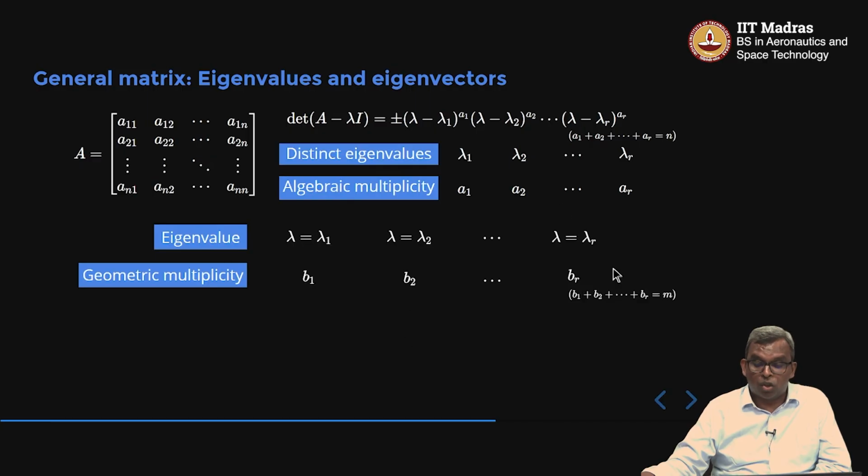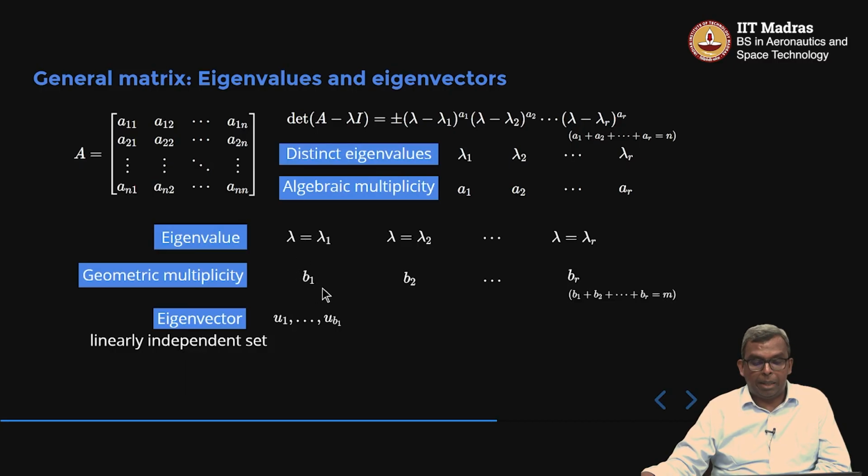So these geometric multiplicities are possible, but if you look at a linearly independent list of eigenvectors, first for lambda 1 you will have b1 linearly independent eigenvectors, u1 to u_b1. Now for lambda 2 you will get b2 linearly independent eigenvectors, which I can number from u_(b1+1) to u_(b1+b2), and claim that all these b1 plus b2 of them are linearly independent.